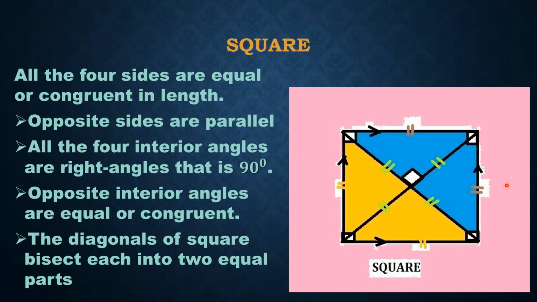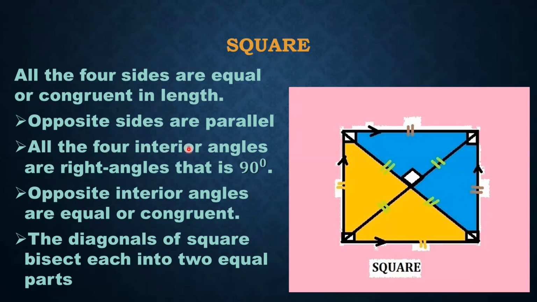The same thing applies to these lines here. The vertical opposite lines are also parallel because the distance between them is the same. They will never even meet. That is why they have the same indicator showing that this line and this line are also parallel.